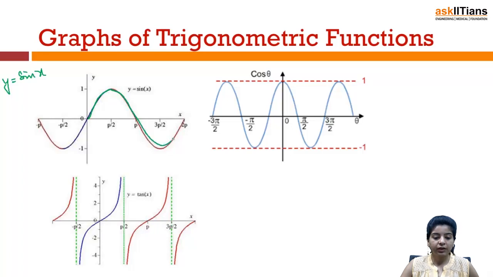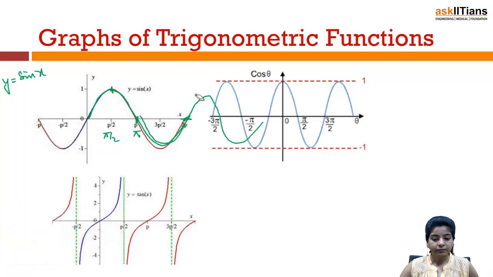This is the graph of sine x, in which sine 180 is 0, so this is pi, this is pi by 2, sine 90 is 1, so we have it here, and then sine pi is 0, then again sine 2 pi is also 0, so at 2 pi also the graph will cut the axis here. So we have a graph of this form, and basically sine is a periodic function, so it will continue like this, right?